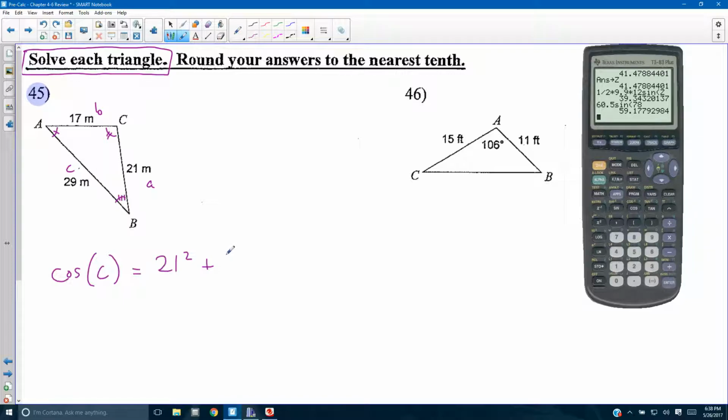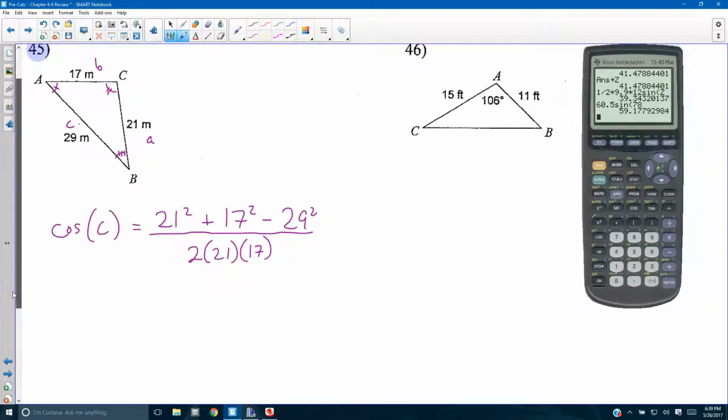But if I choose to find angle B first, and then later I want to use the law of sines to find angle C, then I'm using inverse sine. Inverse sine does not, repeat, does not give you any answers between 90 and 180.